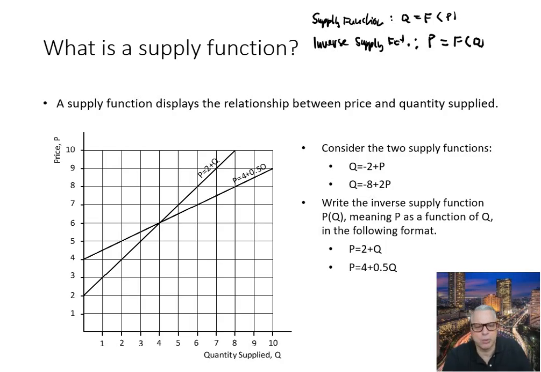Okay, because if you see a graph like this and you're supposed to draw it into a graph where we have price on the y-axis, it's a little bit complicated, so it's easier to rearrange the term such that we have the price on the left side of the equal sign.